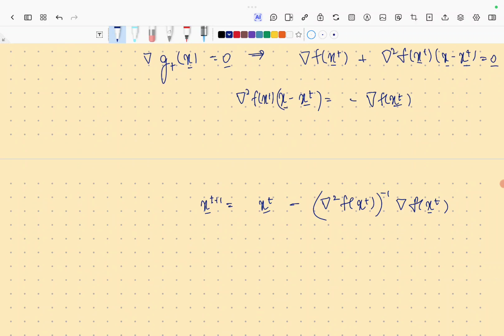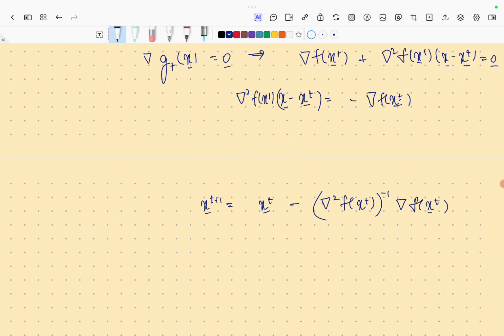This is only possible if the Hessian is invertible. Alright? We know the Hessian is positive semi-definite. What if one of the eigenvalues of this matrix is 0? It is not invertible. So we want all of the eigenvalues to be strictly greater than 0.